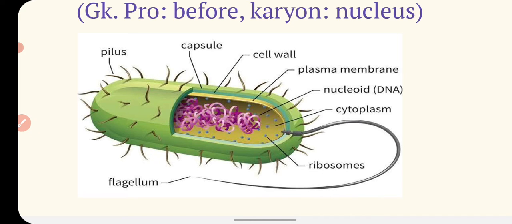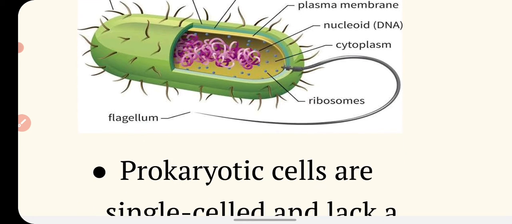Here you can see the diagram of a bacterium, which has a prokaryotic cell. Here is the genetic material of the bacterium, which is not covered by a nuclear membrane. So it has a very primitive kind of nucleus, and that's why it is a prokaryotic cell.